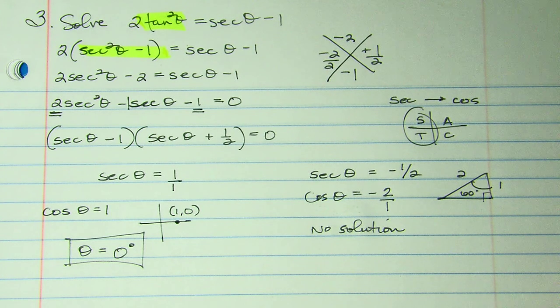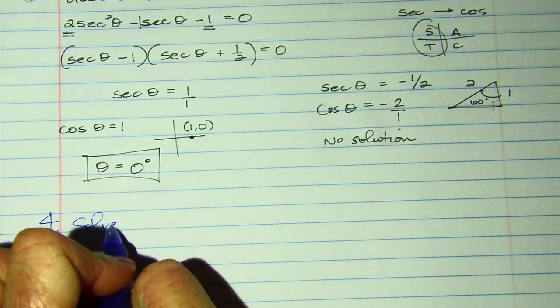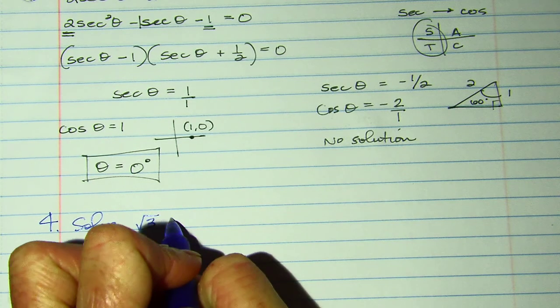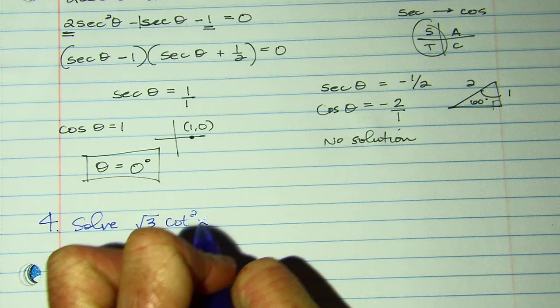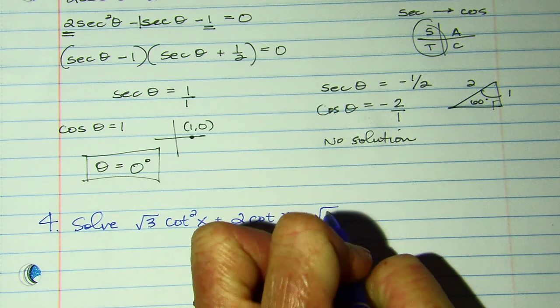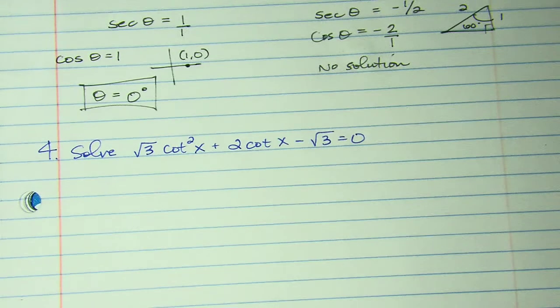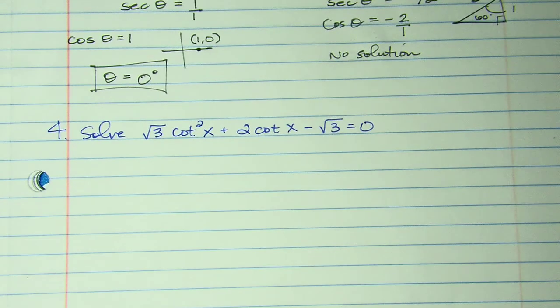All right, we're only going to do one final problem, and we will be done with these notes. So last one, solve root 3 cotangent squared of x plus 2 cotangent x minus root 3 equals 0. Now, this problem is already in a single trig function.